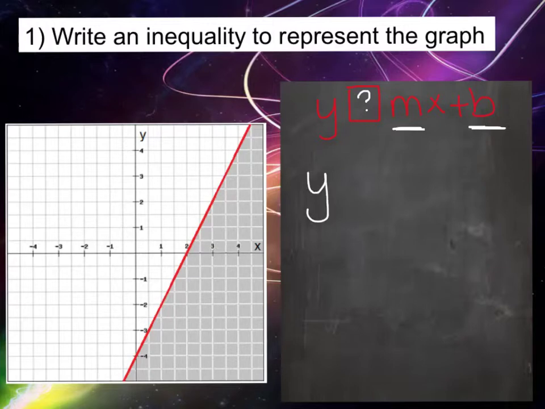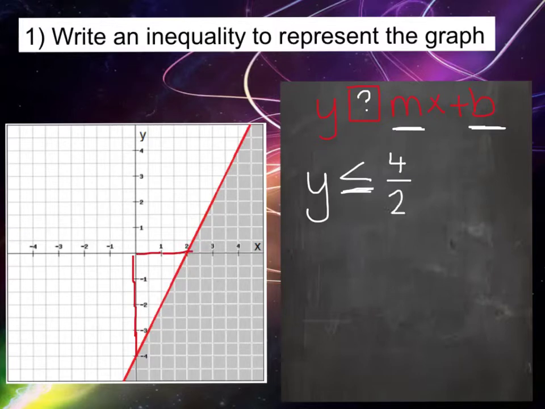Since I'm shading below the graph, I'm going to use a less than, and since the line is solid, that has to be "or equal to." The slope, I will count my slope, and so we're going up 1, 2, 3, 4, up 4, and over 1, 2.